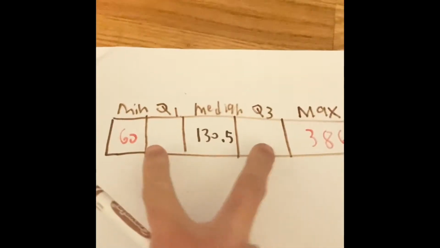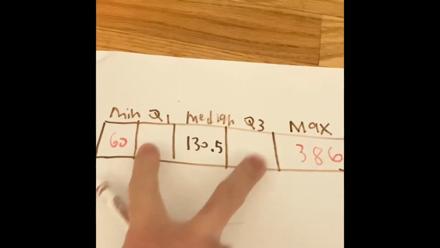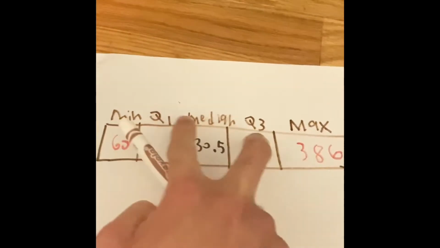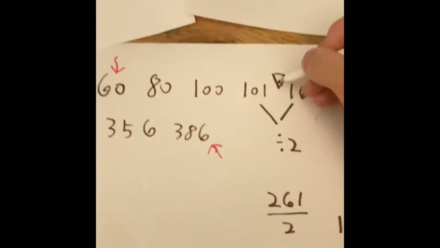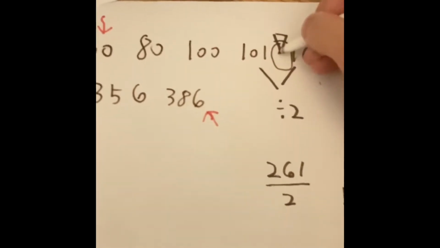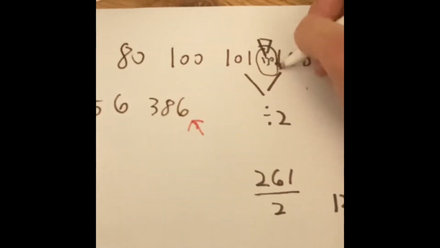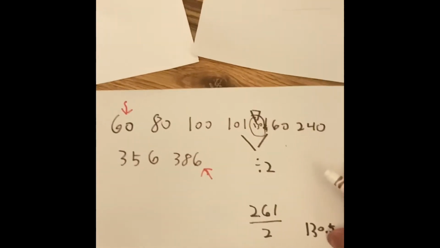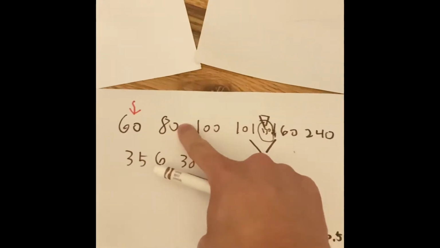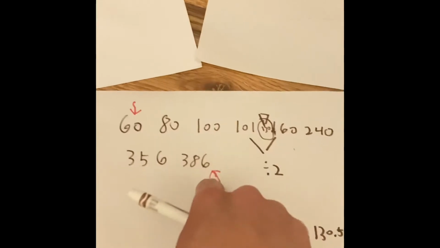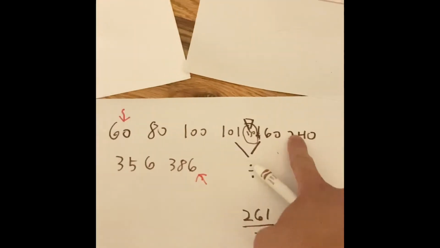Now we get to find the quarters, the first quarter and the third quarter. We already have our median in between right here, 130.5. Then what we're going to do is find the median of the first half of the entire data and the second half of the entire data.